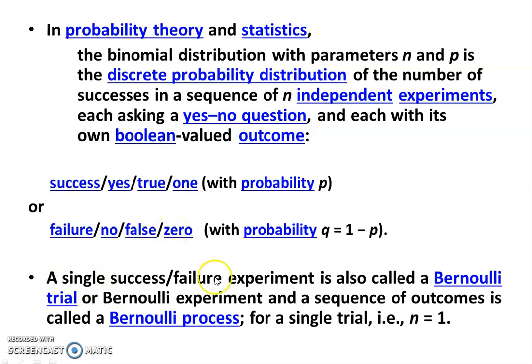The single success-failure experiment is called a Bernoulli trial or Bernoulli experiment, and a sequence of outcomes is called a Bernoulli process. For a single trial, here n is 1, then we call it a Bernoulli experiment. If you have more trials, then we go with the binomial distribution.